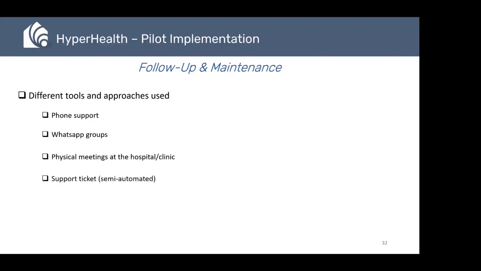We also use the semi-automated support ticket, which we have efficiently used to circulate information about a specific technical issue from one side to all the other procurer sides and all the other personnel taking care of the follow-up. So this is greatly helpful.